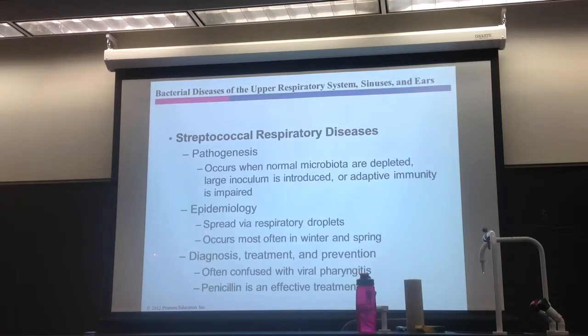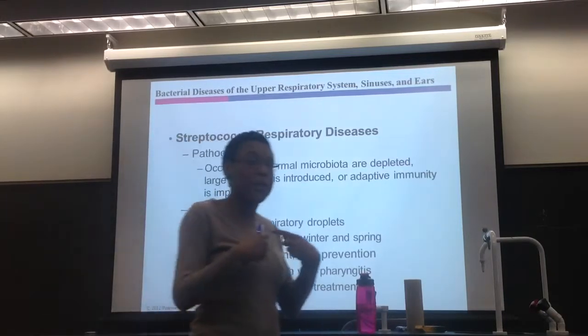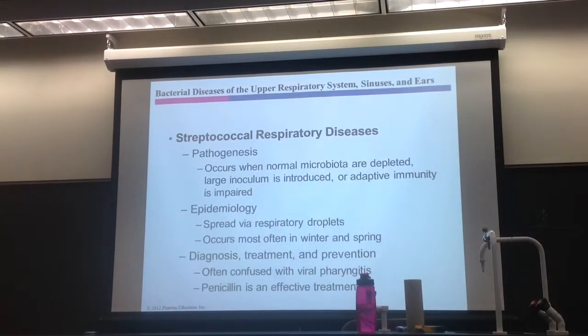It usually occurs most often in the winter and the spring. This is where most people are in crowded daycares or crowded classrooms, so if someone coughs and someone's right there, they end up inhaling those droplets, okay? Anything else? In terms of treatment, it is important to get an actual diagnosis if you think it's strep throat.